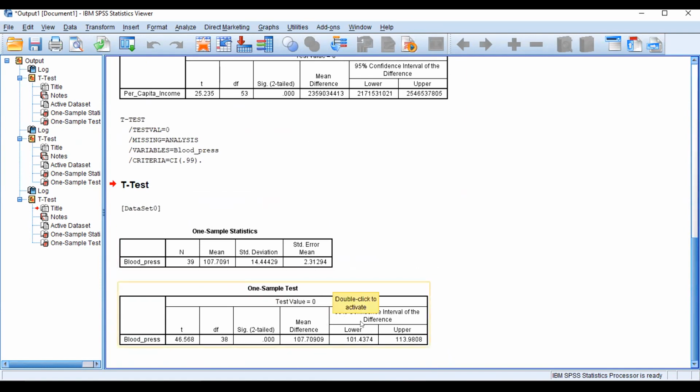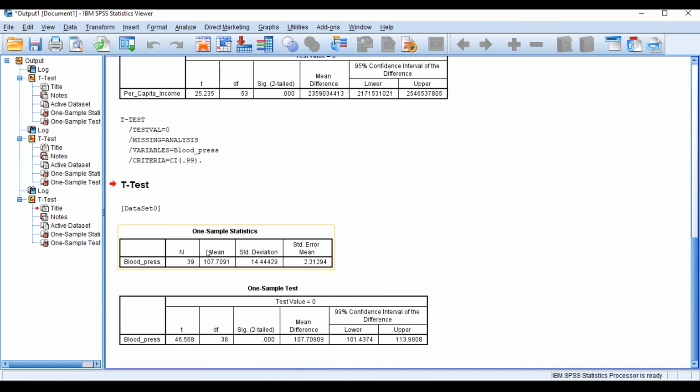At 0.01, this p-value should be less than 0.01 to reject the null hypothesis.